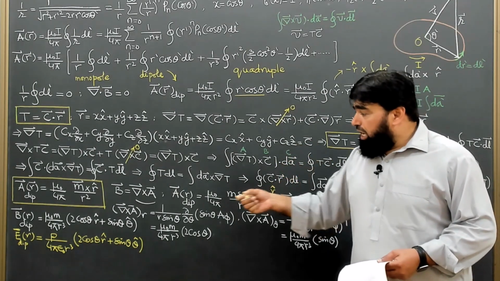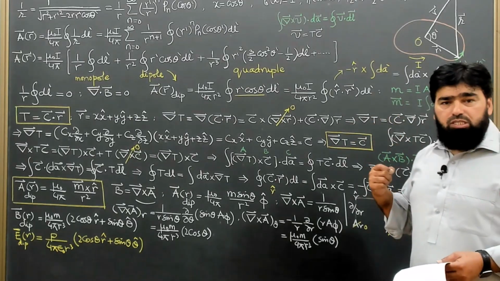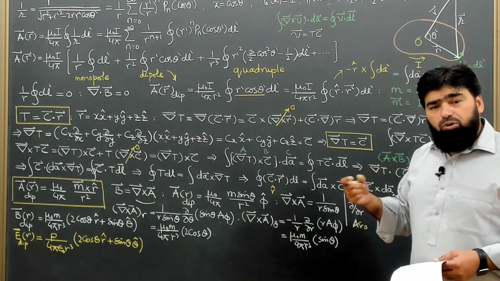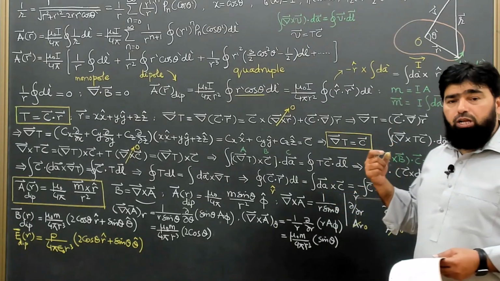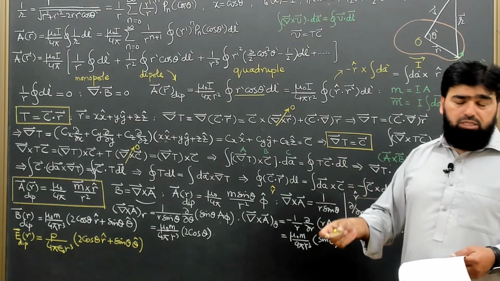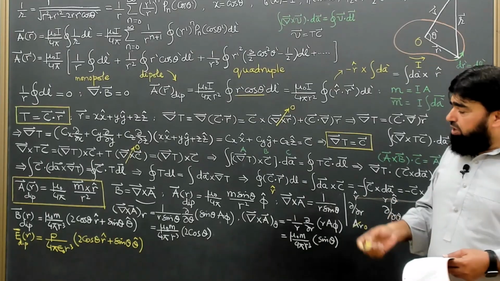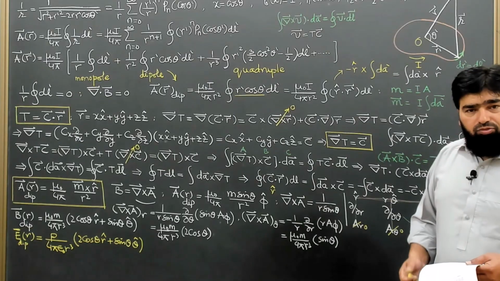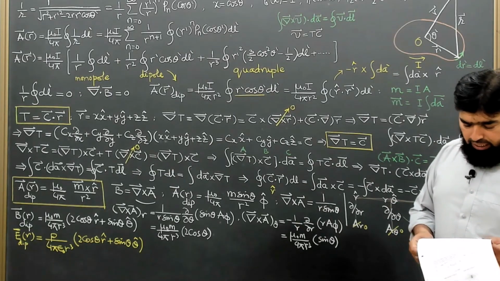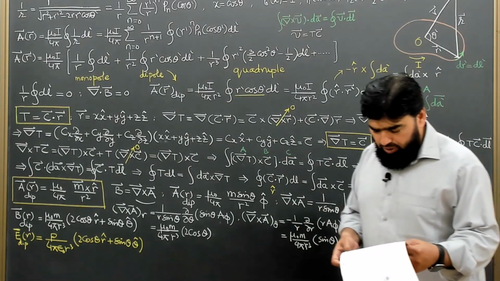And we are far from this ideal dipole. We are far from them, whether it is magnetic or electric, and far from them, their magnetic and electric fields will exactly look the same.